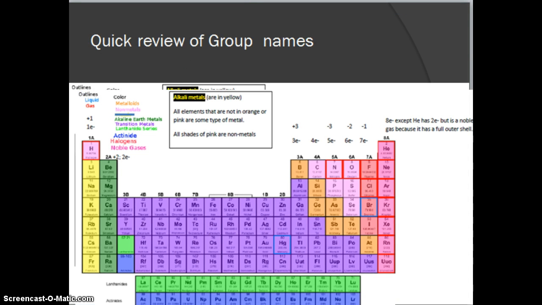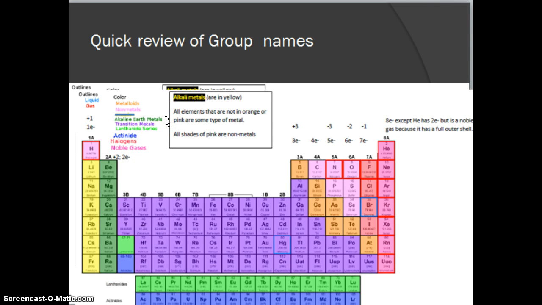All right, so quick review of group names. What do we call group 1A? They are the alkali metals. They're in yellow. Now, be careful, even though hydrogen's over there, it's technically not an alkali metal. It is a nonmetal. So why do we throw it over here? Because it only has 1 valence electron and it is very reactive. All right, group 2A is called what?